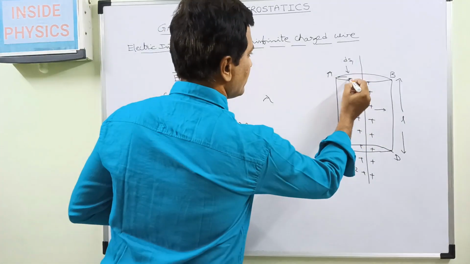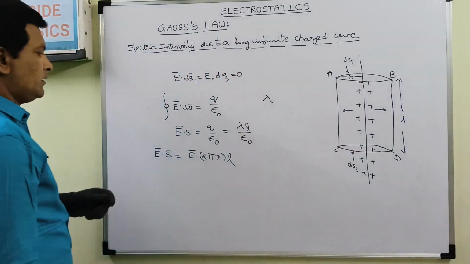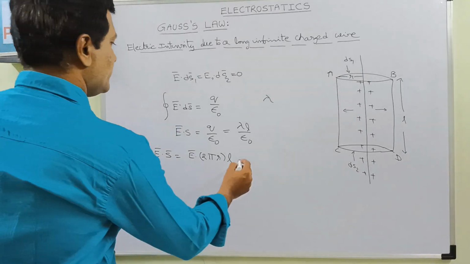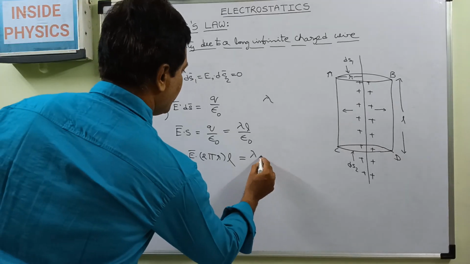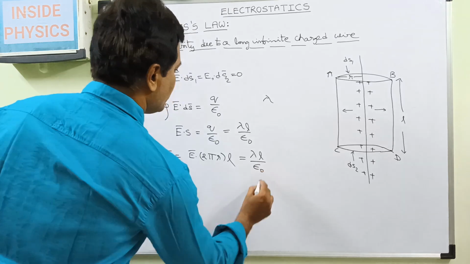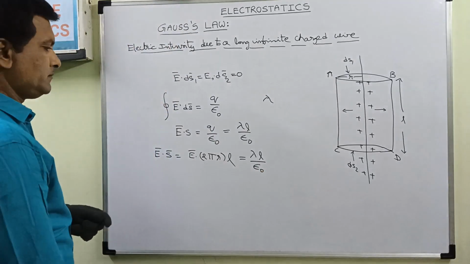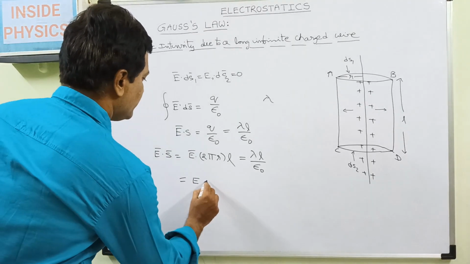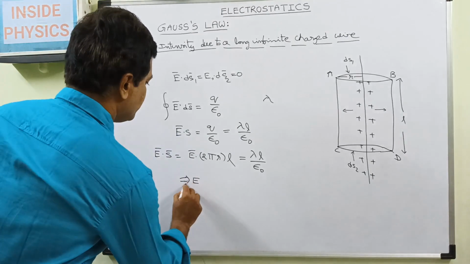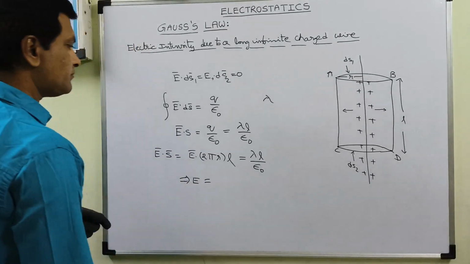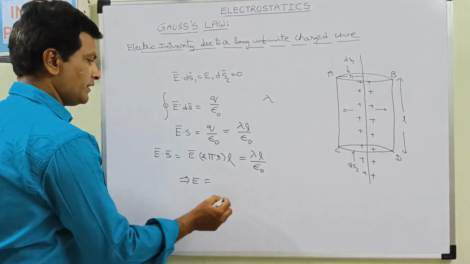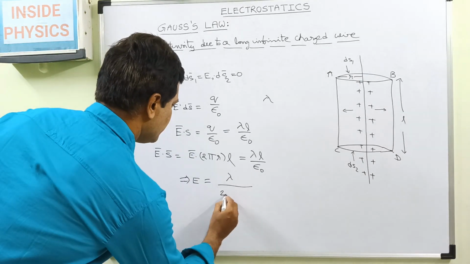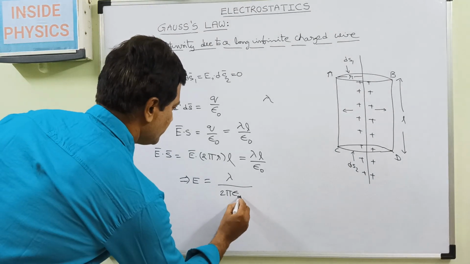So this will be equal to lambda L by epsilon naught. By this we can write E is equal to, L getting cancelled, lambda by 2 pi epsilon naught R.